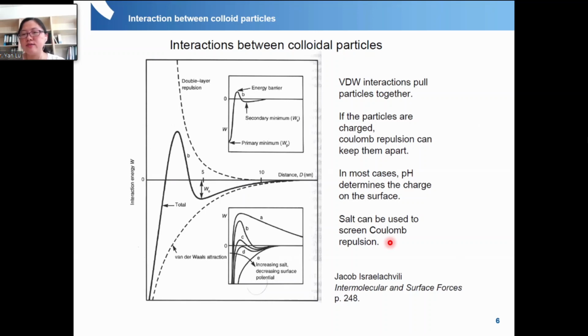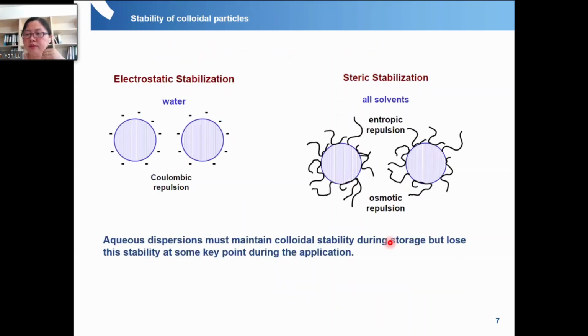So you can use salt to screen the Coulombic repulsion, and try to reach a kind of balance between the repulsive and attractive interactions. To understand in a real system how you can stabilize your colloidal particles.